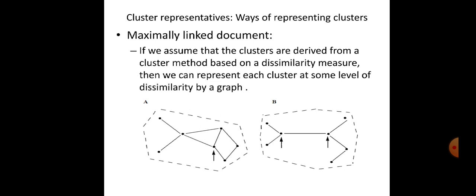Here you can see in A, there is an arrow. That arrow represents the maximally linked node or maximally linked document. In the second cluster, cluster B, you could see two nodes which have the maximum number of links.